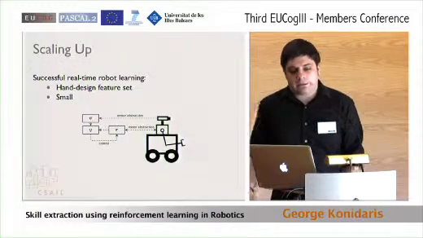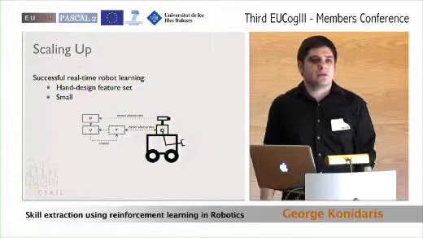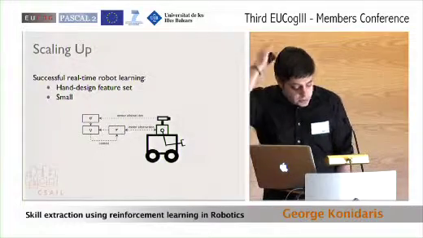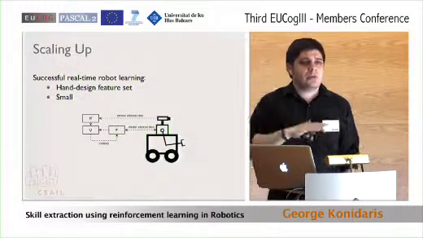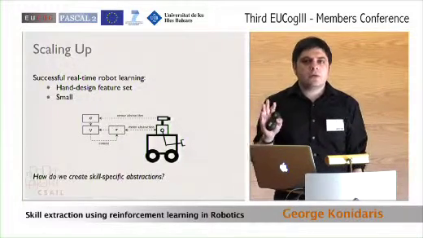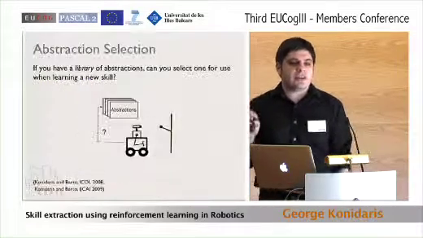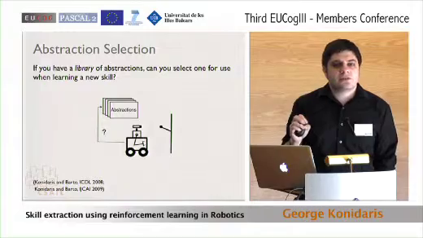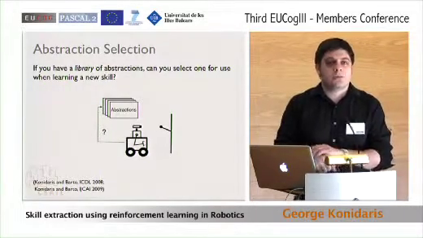So how do we get around that? How do we create these kind of abstractions that are specific to the skills that we're trying to learn? So the way that I approach this problem, I should say that there are methods that can, in principle, learn all that from scratch. They could, in principle, figure out what state variables you need from scratch. It's just that the data complexity of those methods is much too high for us to feasibly use on a robot.